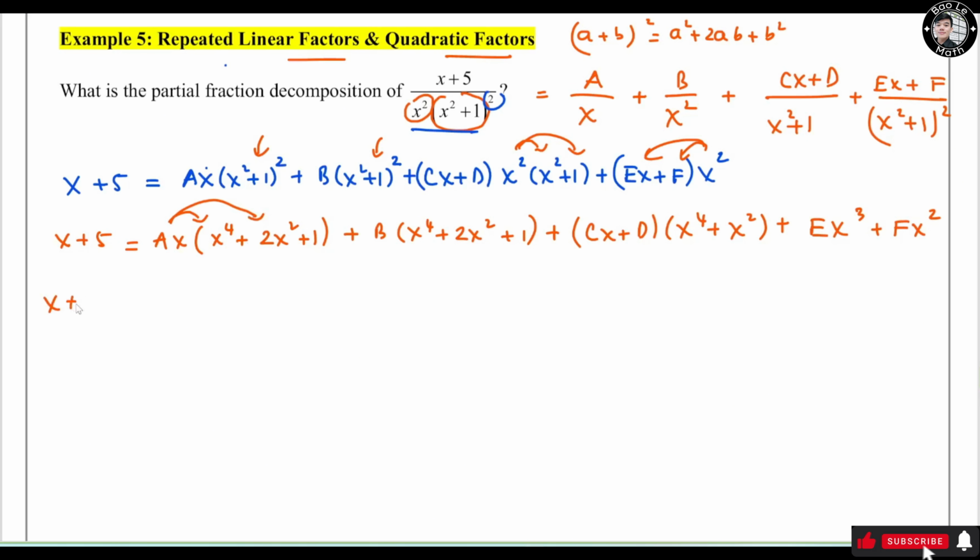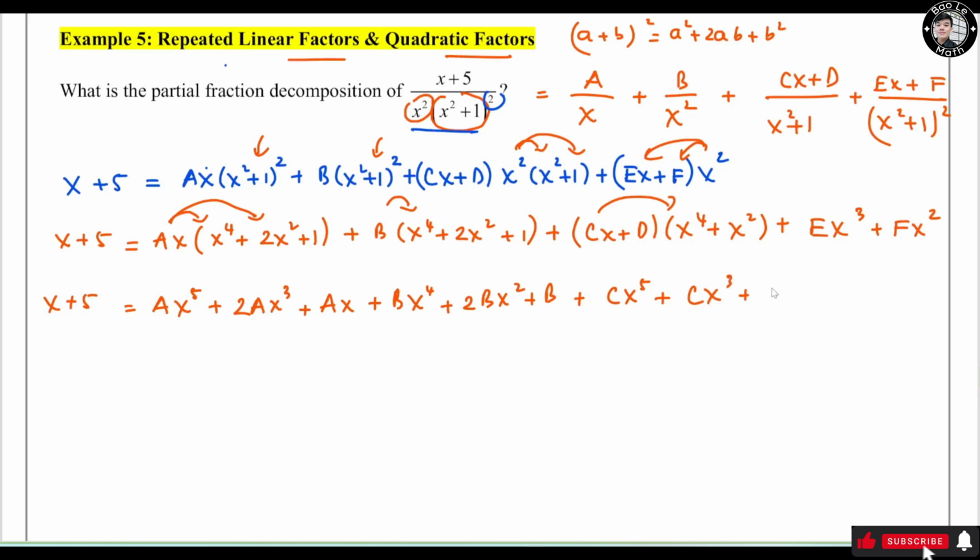So we have s plus 5 equals as to the 5th plus 2as cubed plus as, plus b s to the 4 plus 2b s squared plus b, plus c s to the 5th plus c s cubed plus d s to the 4 plus d s squared, and rewrite the last two, es cubed plus fs squared.